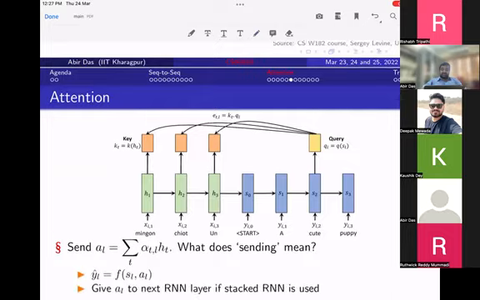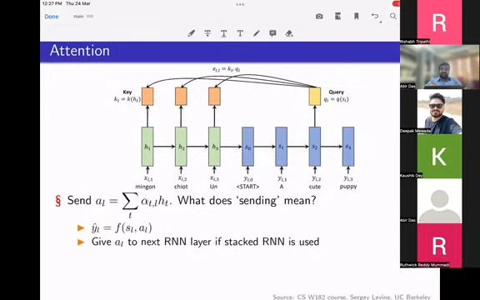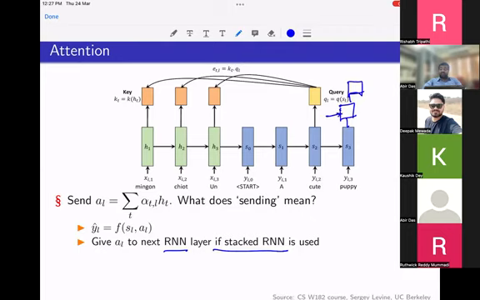Then another way is giving AL to the next RNN layer if a stacked RNN is used. We have seen how stacked RNNs are used, so you have these stacked RNNs there and so on. You can give this as an input, maybe not during getting the output, but this AL you can give here, that AL you can give here, and so on.